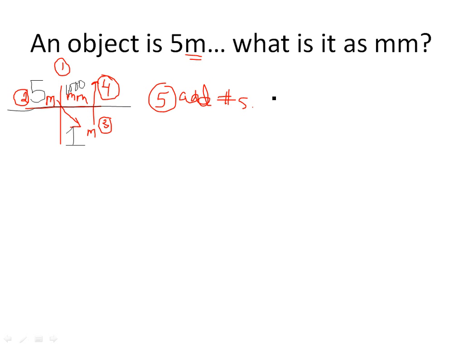So this tells me 5 times 1,000 over 1. 5 times 1,000 over 1 is 5,000 millimeters. Don't forget the units. So that's one method. What I'd recommend is you pause the slide. You can go down here and click that pause button. Pause the slide and practice this method a couple of times. Then come back and we'll do the second method.